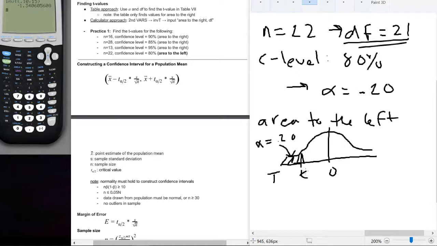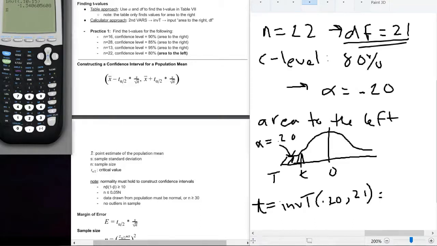So both approaches will work, but your missing t-bound can either be an inverse t, where this time we use area of 0.20 with degrees of freedom of 21, just to practice using the calculator.